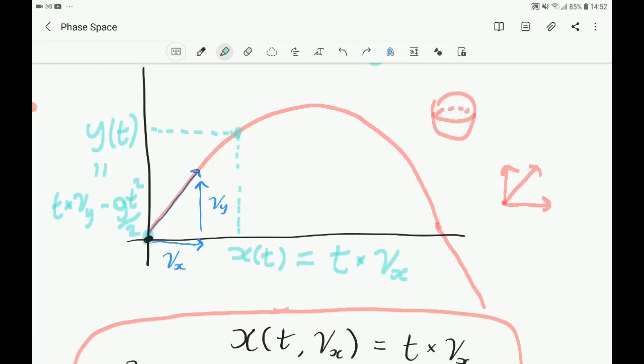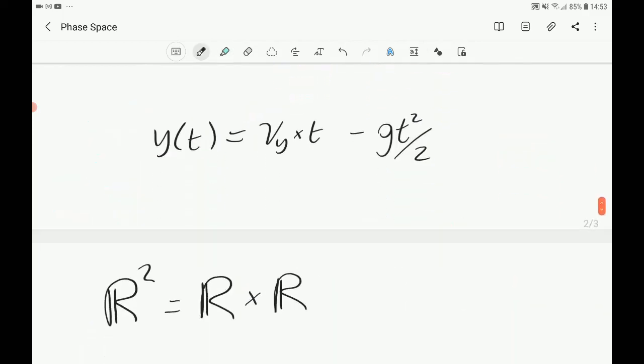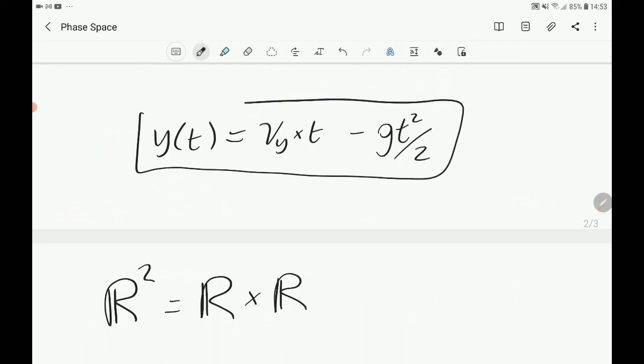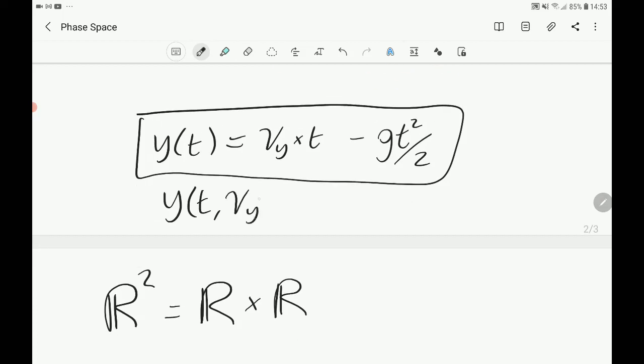And then we're going to be able to map the height of our projectile as a function of those two things. So we've got this equation here for the height of our projectile as a function of time, but we can really think of this as also depending on our initial velocity Vy. Okay, we'll take acceleration due to gravity as constant. And so we can think of this as a function of two inputs, t and Vy, and then the output is just Vy times t, take away g times t squared divided by 2.